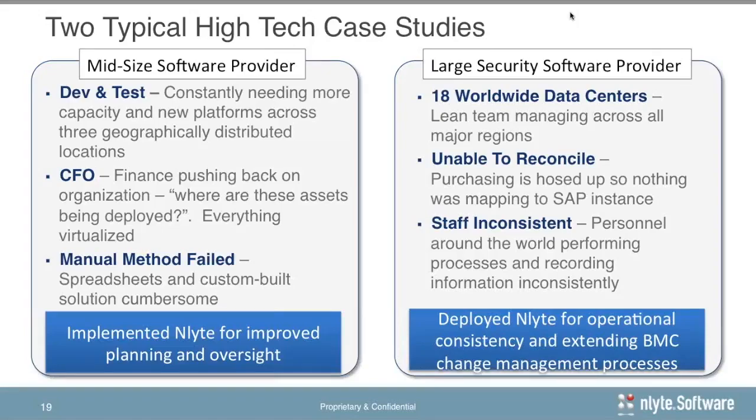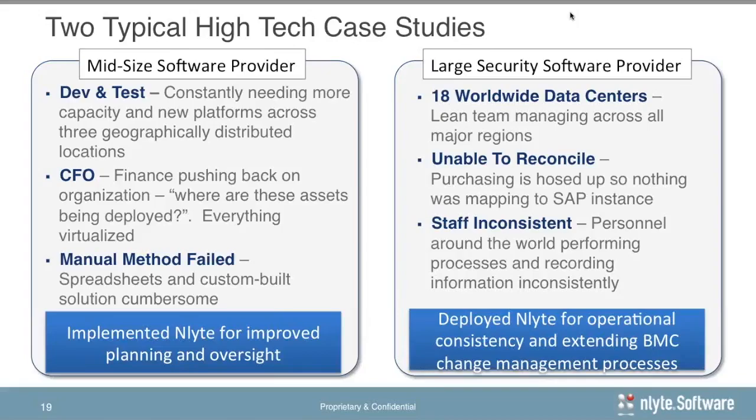So they rolled out Nlyte to all 18 data centers worldwide. They didn't do that initially. They started knocking them down one by one, but they really deployed Nlyte, and the benefits are they've now got operational consistency, because whenever new racks or servers are sent out to a data center, a punch list is created for the individual as to what they're specifically going to do, where they're going to put those assets, where they're going to tie it into power, where they're going to tie it into networking.